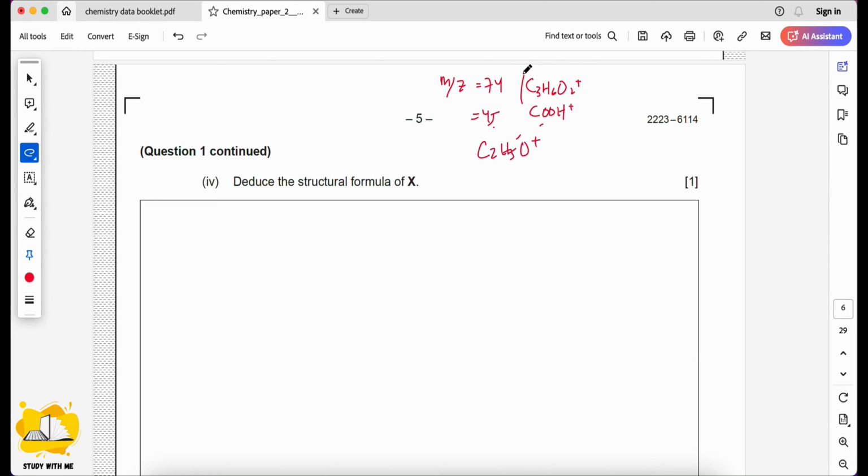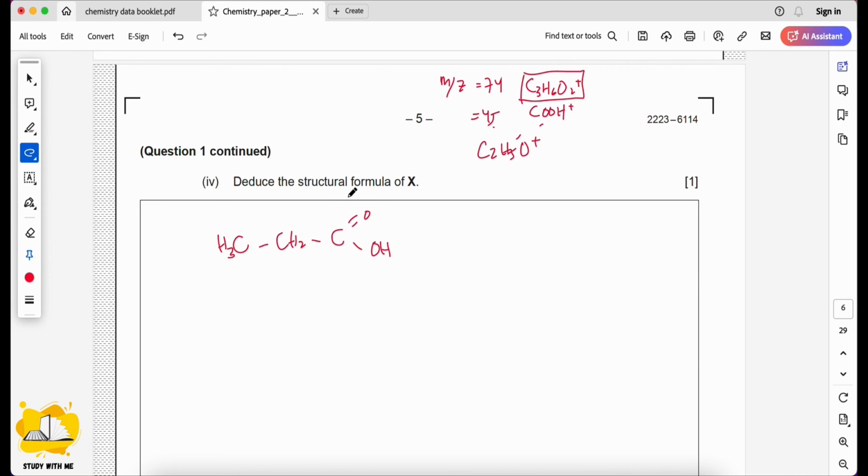And most definitely the compound is C3H6O2, and it has COOH. It means carboxylic acid. So if we deduce the formula, that will be CH3CH2COOH.